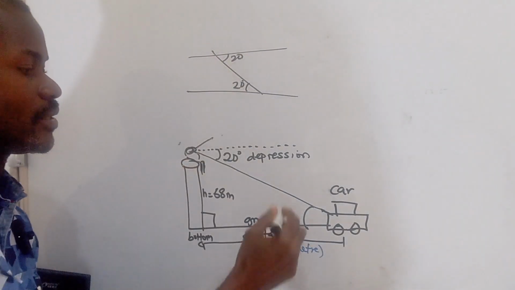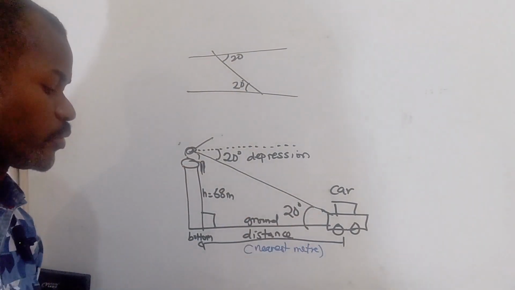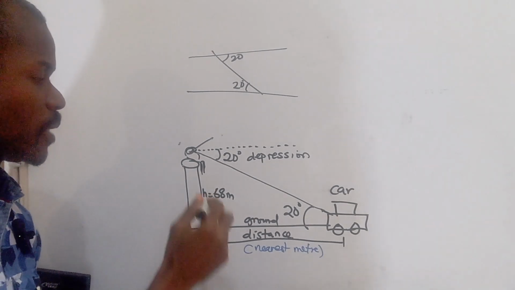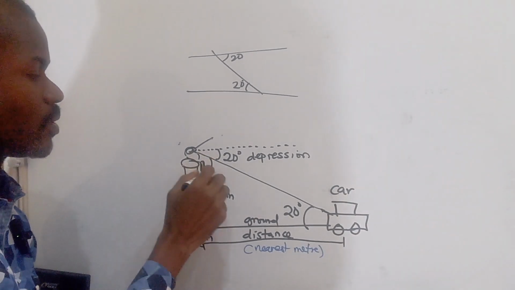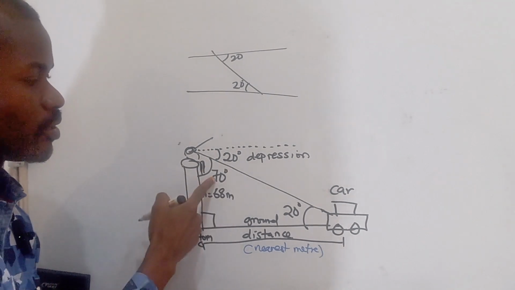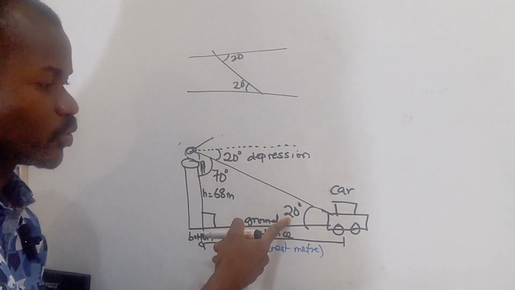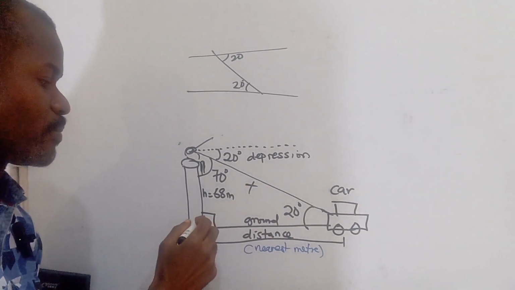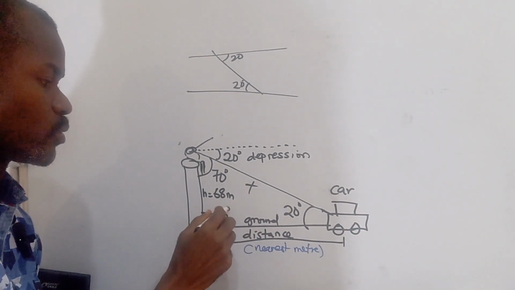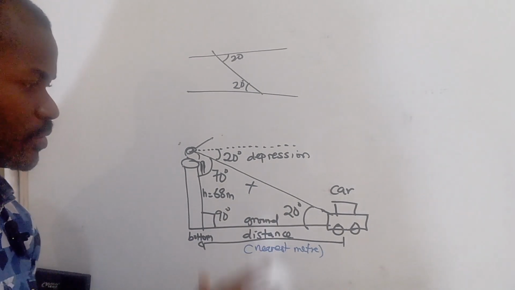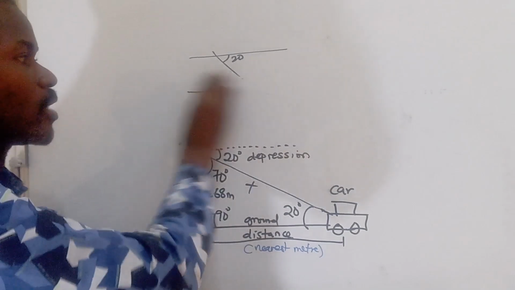These two are alternating angles. But this part, you can solve as 70 degrees, because 70 plus 20 gives us 90, and this part is already 90 degrees as we know. So this forms a right angle triangle.